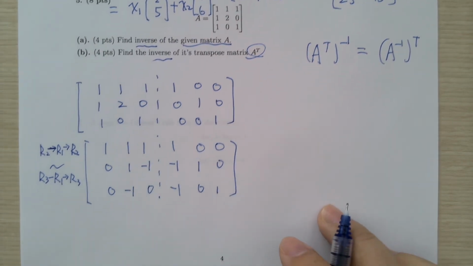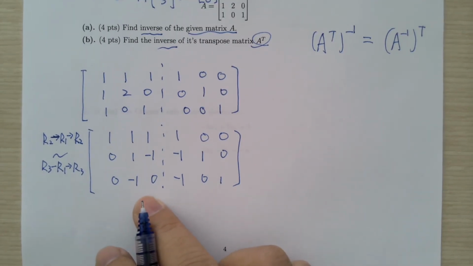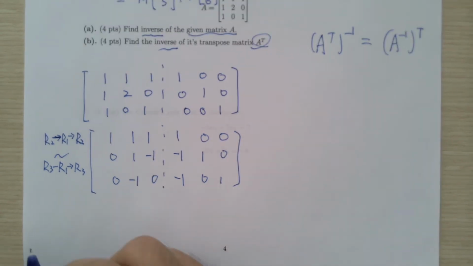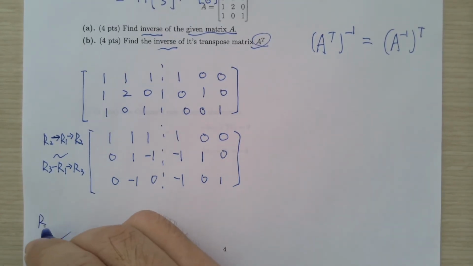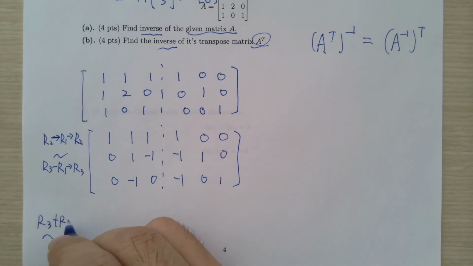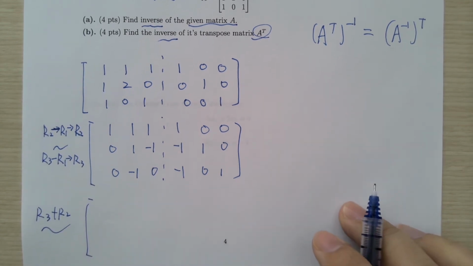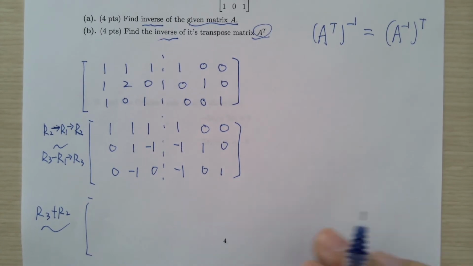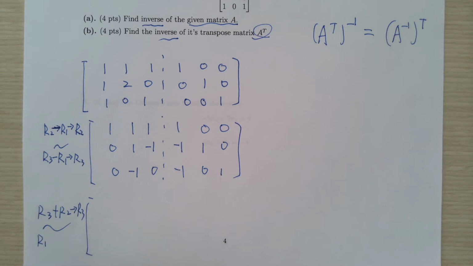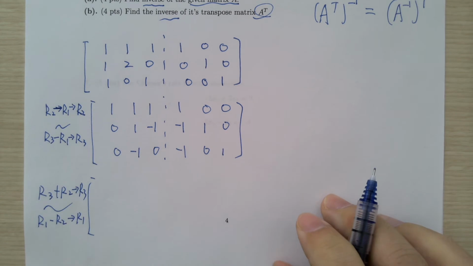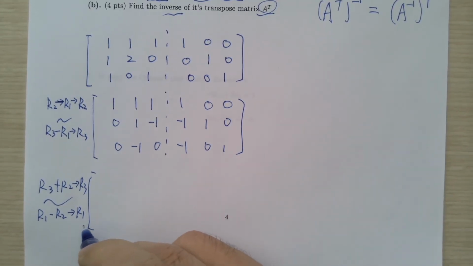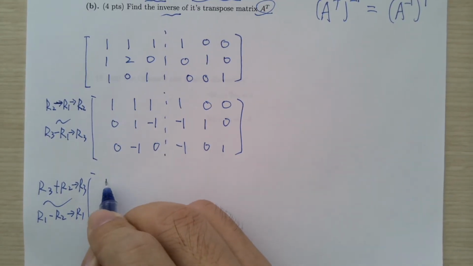Okay. And then what you can do here is make this part 0. So that is R3 plus R2 to become the new R3, right? And then you can also do R1 minus R2 becomes the new R1. So maybe we can do this one first.